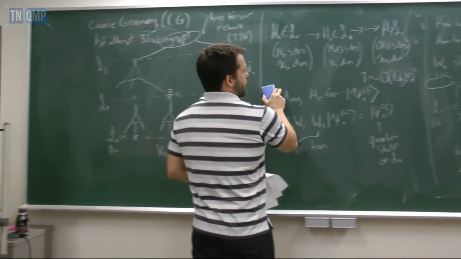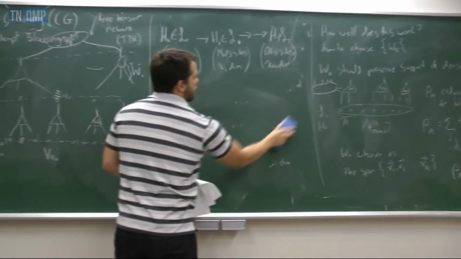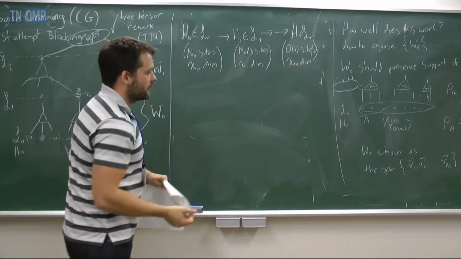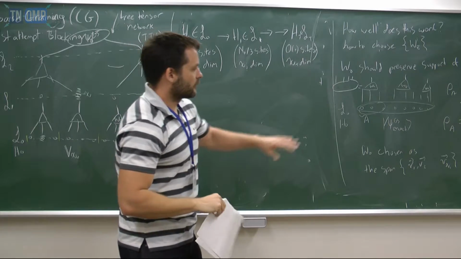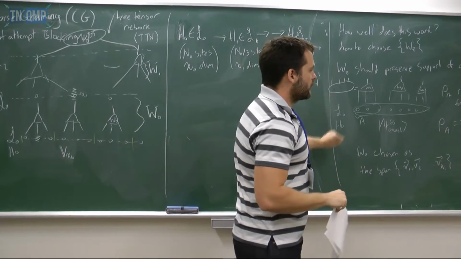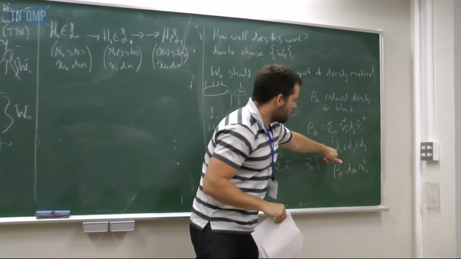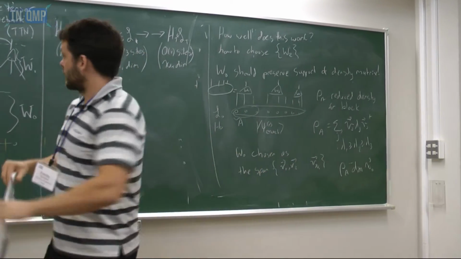Okay, so now this is very useful. We've understood the optimal choice. How well this choice works for a given dimension relates to how quickly the eigenvalues of this density matrix are decaying.